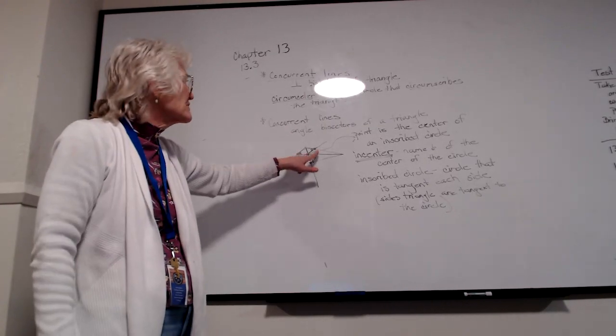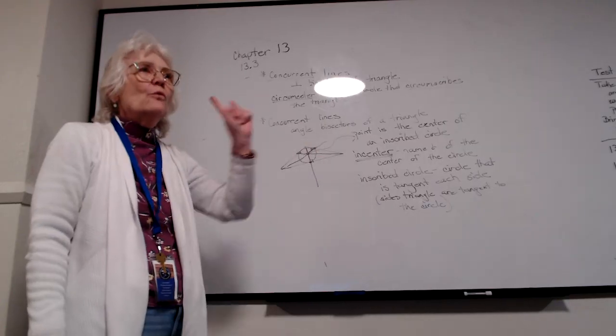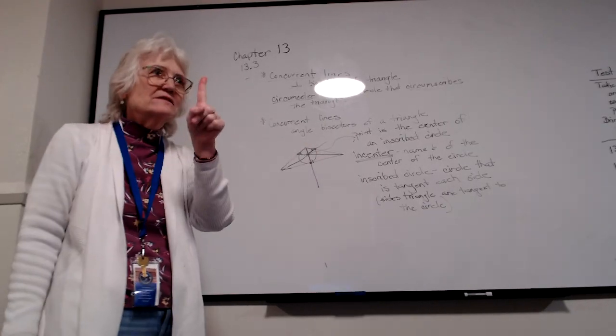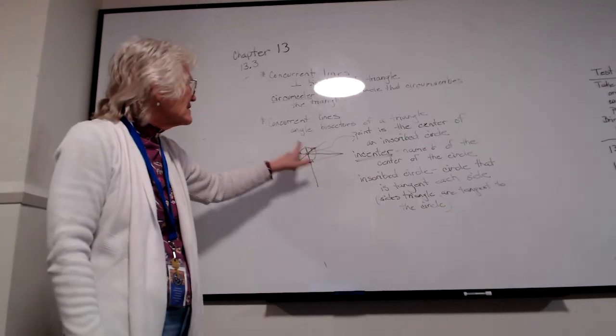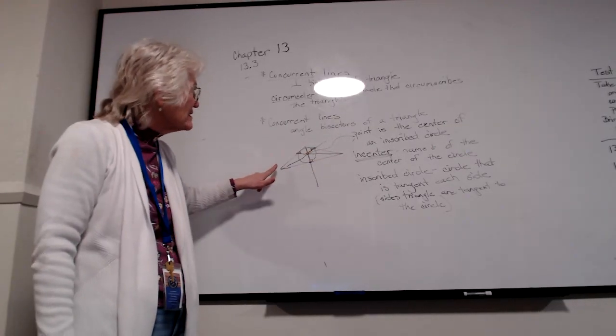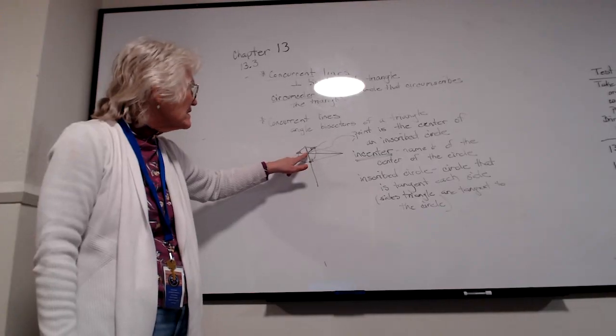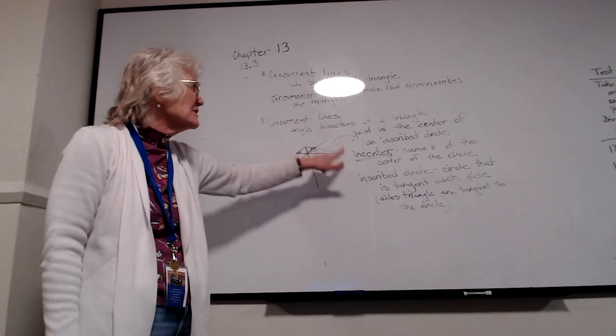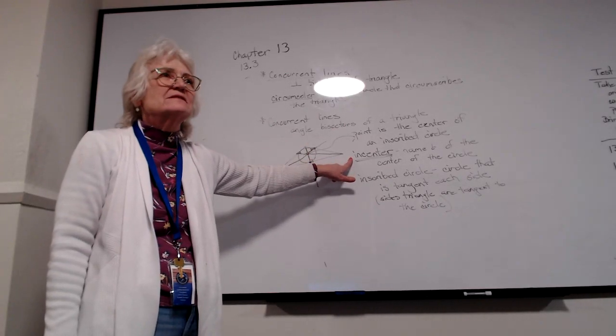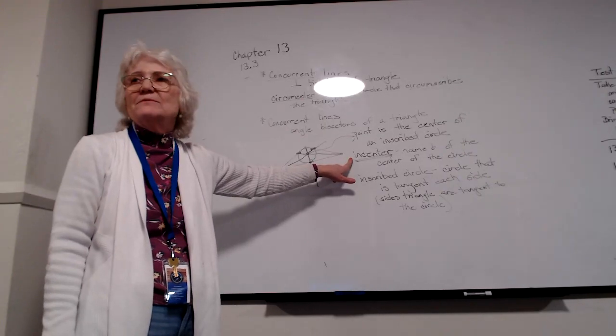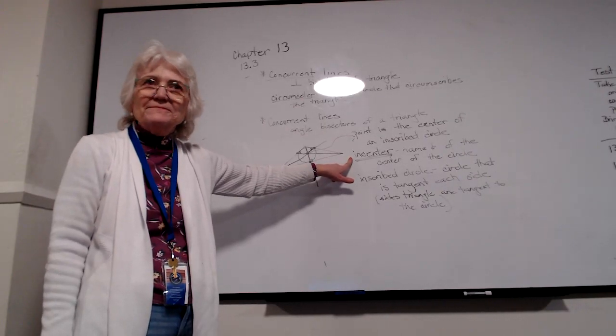In other words, it will touch every side exactly once. That makes the sides tangent to your circle, okay? And the center of that circle is called the incenter because it's part of the inscribed circle.